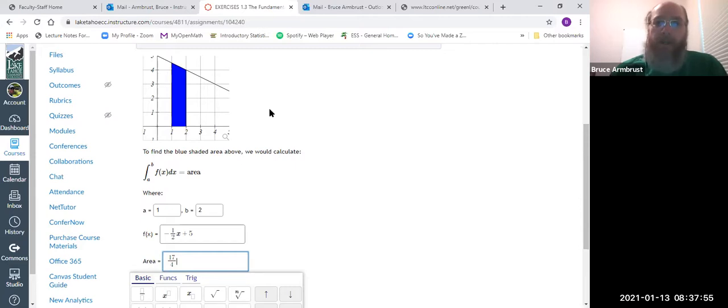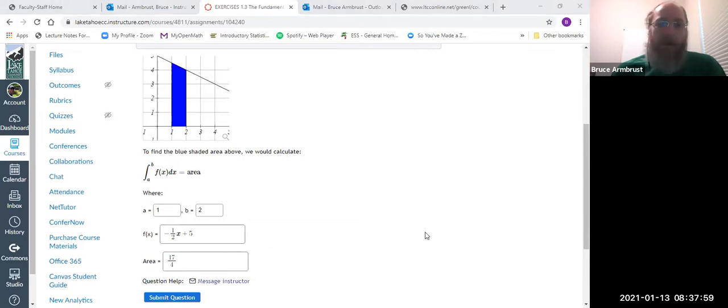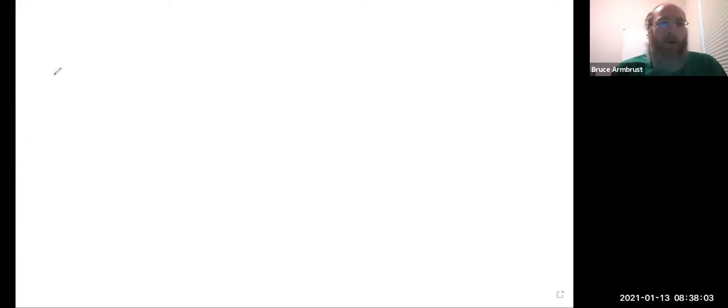So let me share my whiteboard here. All right, so what we were doing is we were integrating from 1 to 2, and the function was -1/2 x plus 5. So this is actually the notation that would describe exactly that picture.